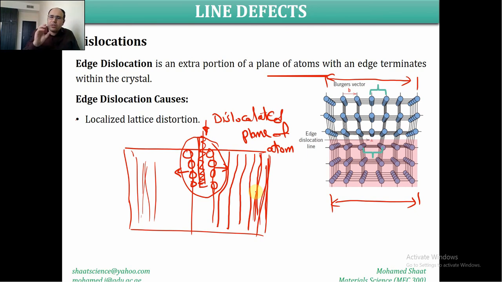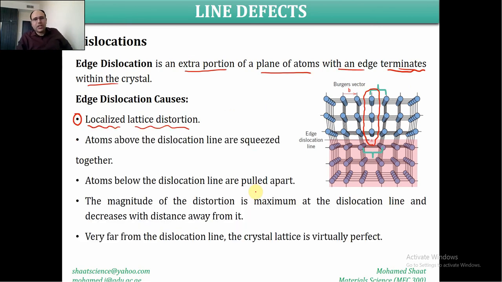It means that the change in the straightness of the crystallographic plane will only be around the planes which are surrounding the dislocation, and as we move far from it, this non-straightness will be negligible, and we're going to end up with straight planes. Make sense? This is what we mean by localized lattice distortion.